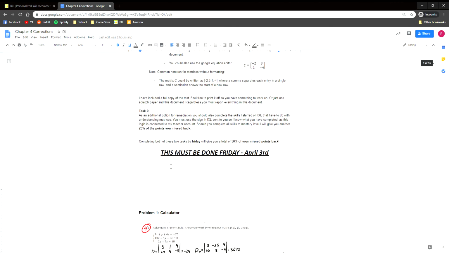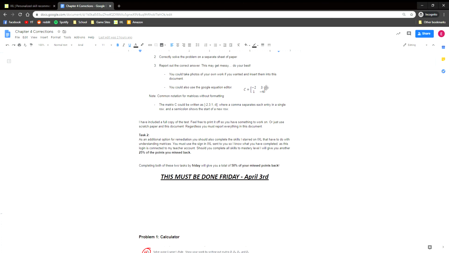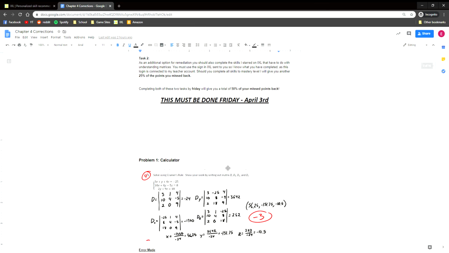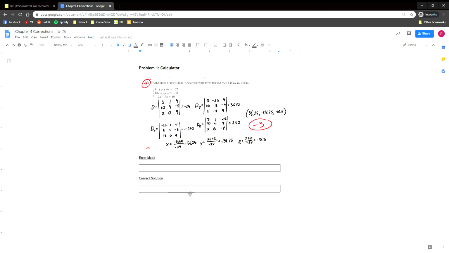This could get a little bit tricky because you can't do matrices in Google Docs because it's dumb. But what you could do is take a picture of your worked out problem and put that into your box right here. So take a picture and upload it.